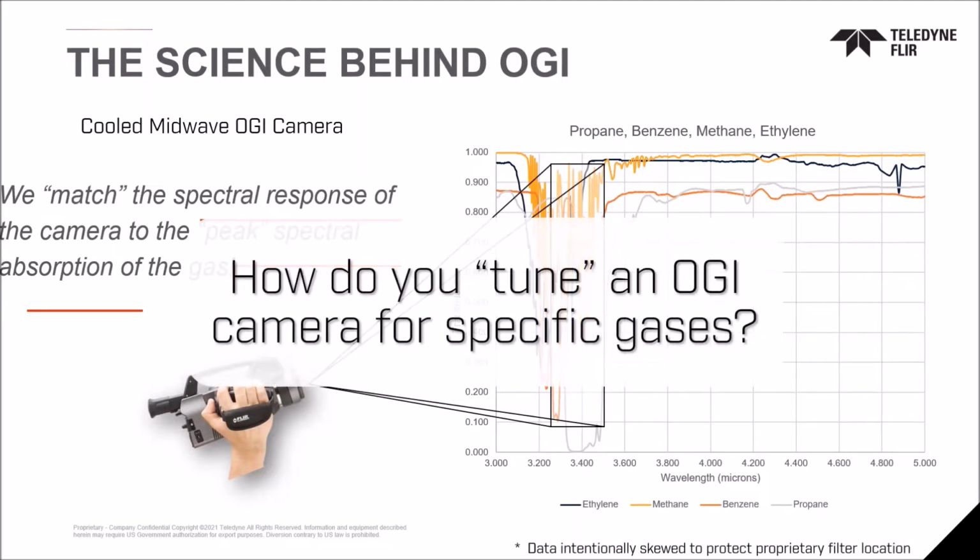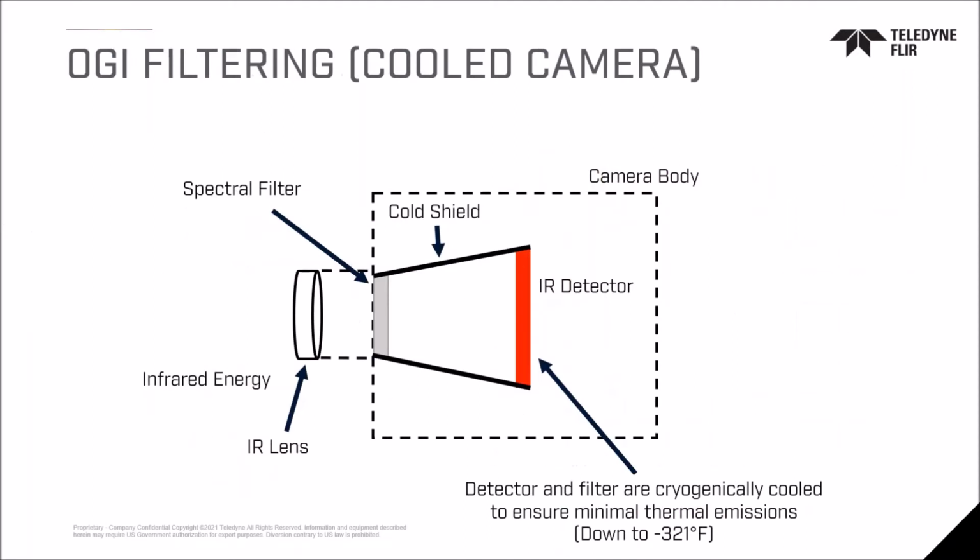And how do you tune these? As we mentioned, we do this through filtering. If you look at the actual solution, you have energy that comes through the lens, and it hits that gray filter right there. When it hits that filter, it limits the energy that gets to the detector. What is unique about our cameras is that this filter is built inside of this cold shield.